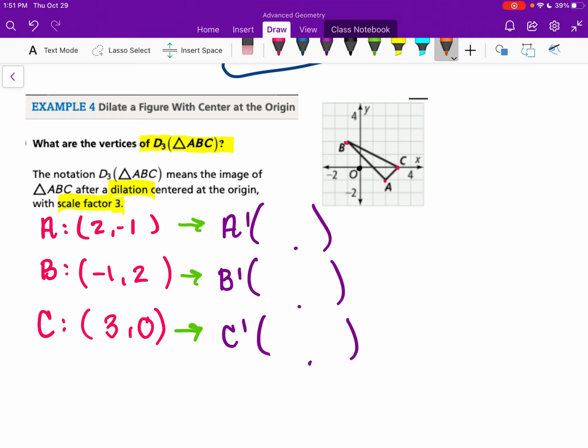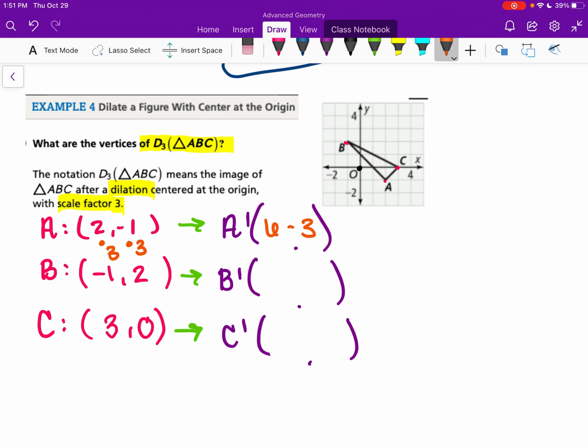So I'm going to take each one of these coordinates and I'm going to multiply it by 3. So the pre-image point of A is 2, negative 1. The image point is going to be 2 times 3, which is 6, and negative 1 times 3, negative 3. And we're going to do that for each coordinate. So B was originally at negative 1, 2.